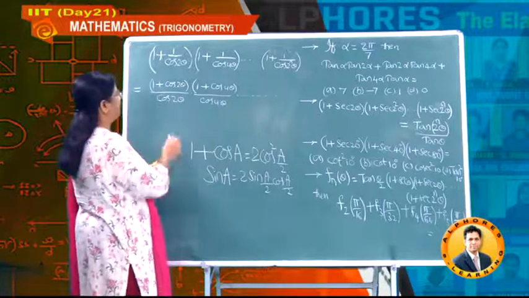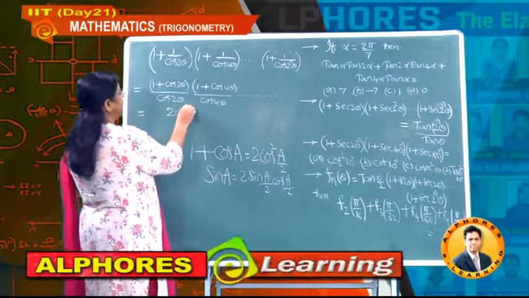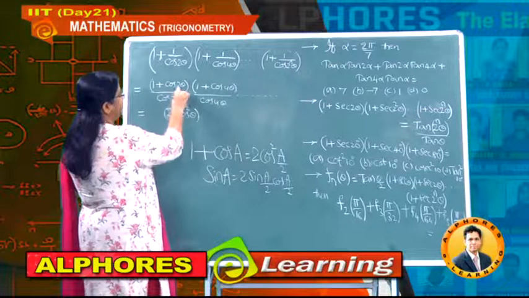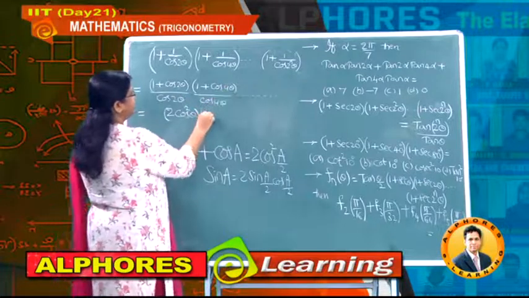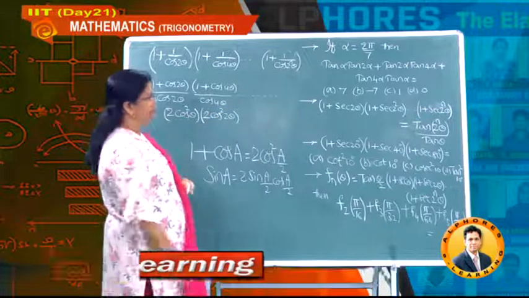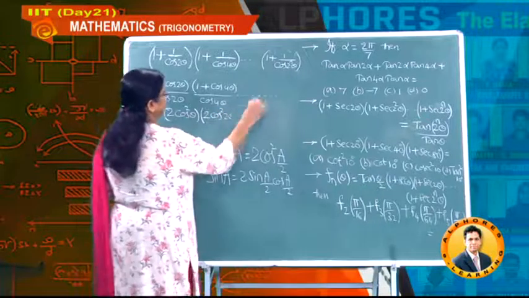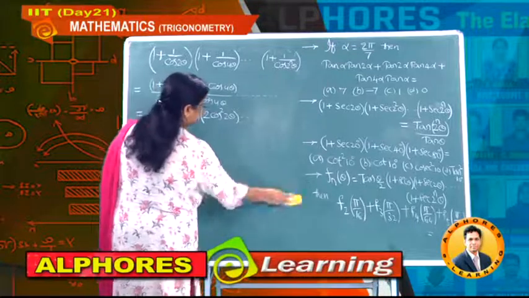So let us do the numerator value. What is the numerator here? It is 2 cos square theta, because half of 2 theta is theta. And next, for 4 theta, it is 2 cos square 2 theta. Like this, if you continue, it will come that way. Then what about the denominator values?